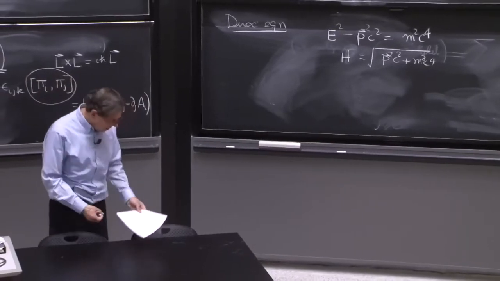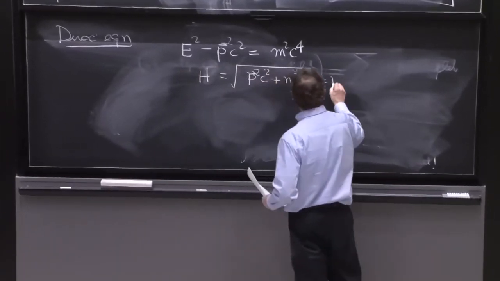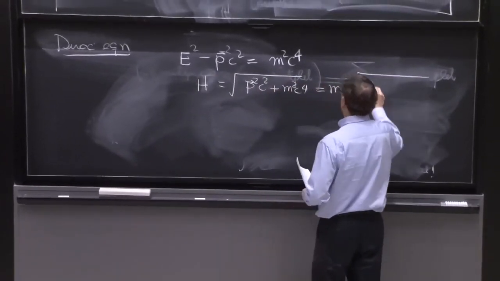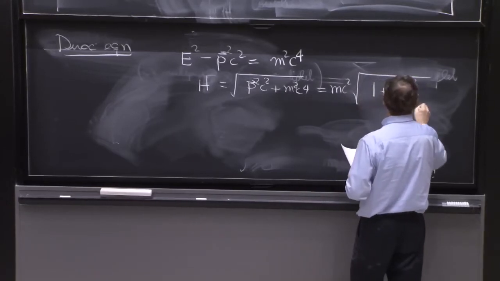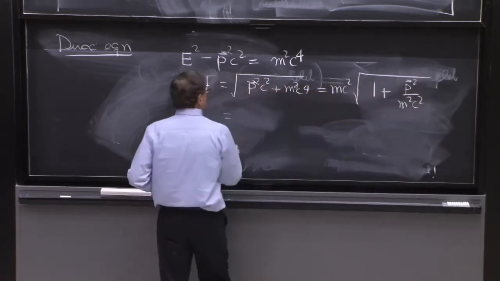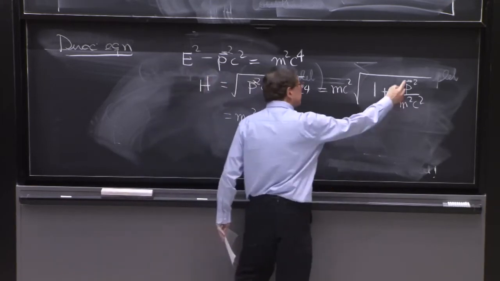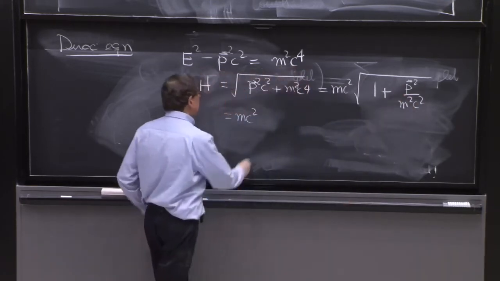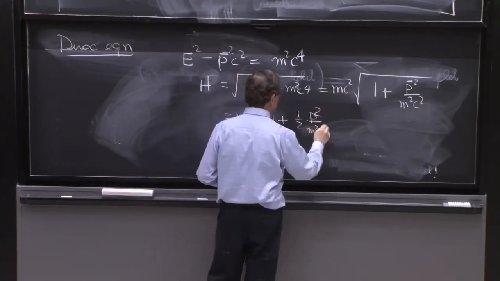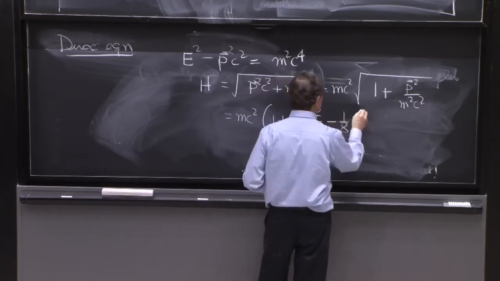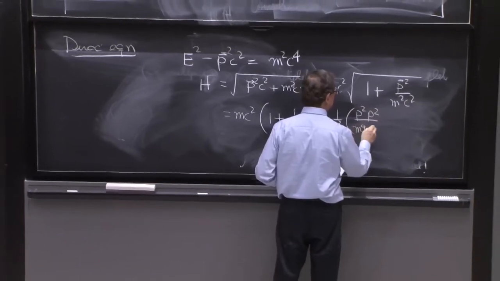But you can do a little bit with it if you notice that this is equal to mc squared times the square root of 1 plus p squared over m squared c squared, and then expand in small velocities where this is less than 1. You get 1 plus 1/2 p squared over m squared c squared minus 1/8 of this term squared, so p squared over m to the fourth c to the fourth.